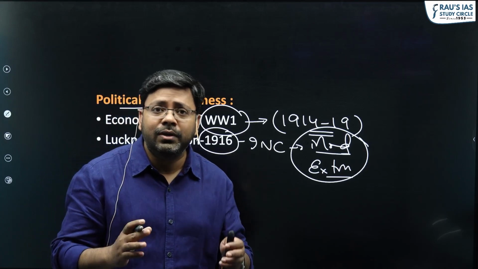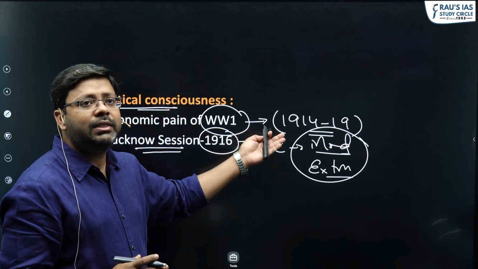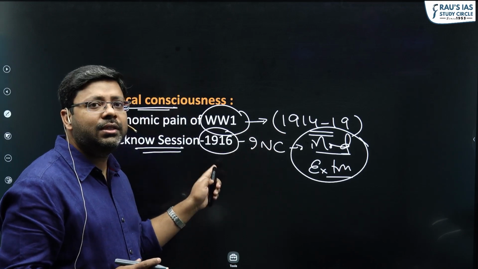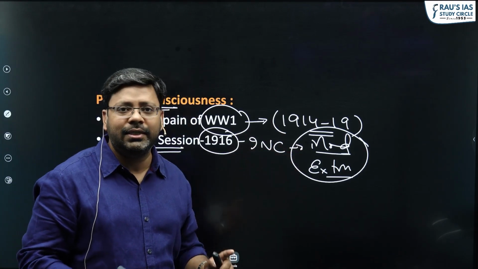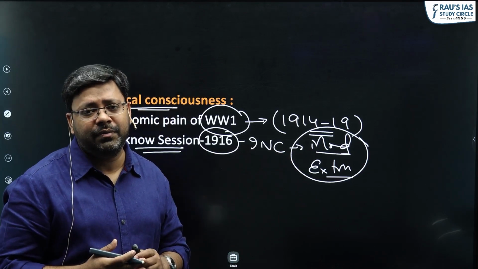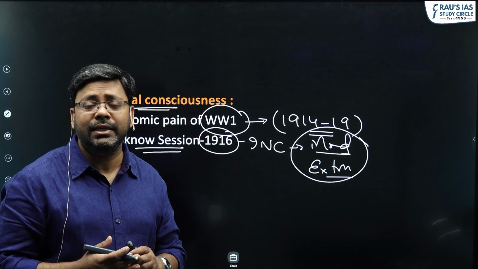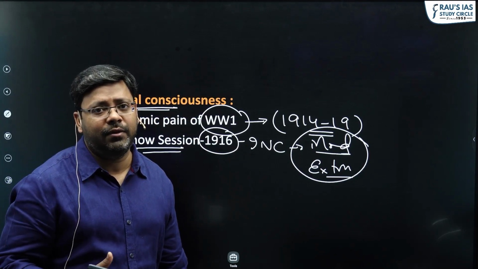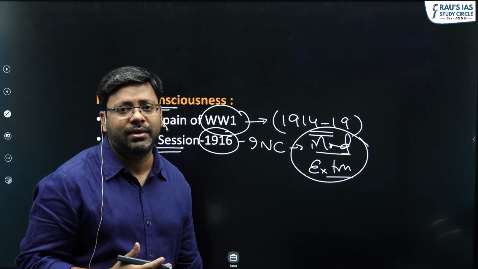But when the First World War was creating a new political churning in India, in 1916 at the Lucknow session, the extremist and the moderate leaders came back together. The reunion of the leaders certainly created a new hope among the Indians, and that led to increased political awareness among the Indian masses.